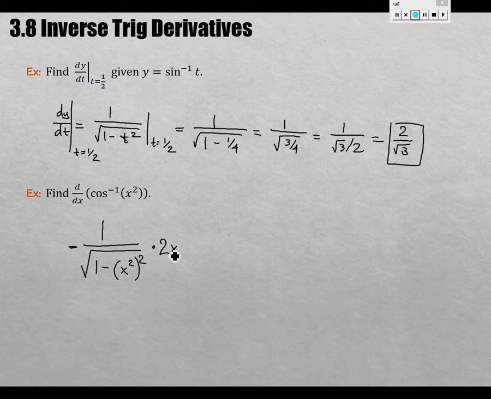So we need to clean that up a little bit, maybe. Actually, let's just write it: negative 2x over the square root of 1 minus x to the 4th. Not too bad? I don't know how else to simplify that.